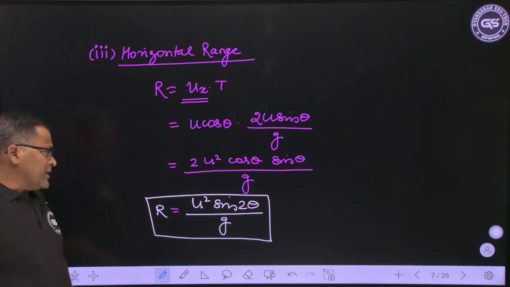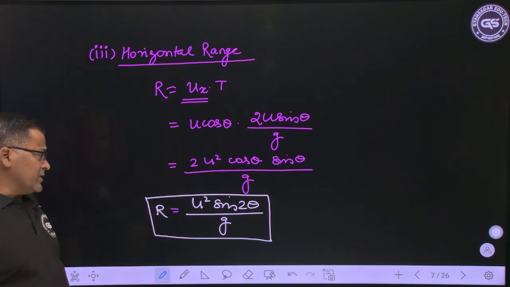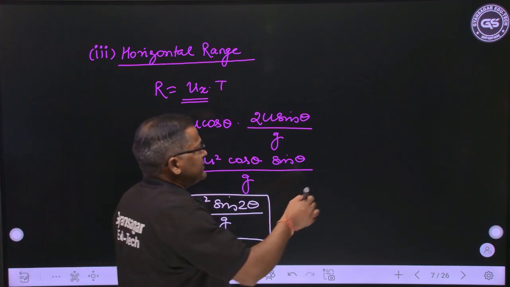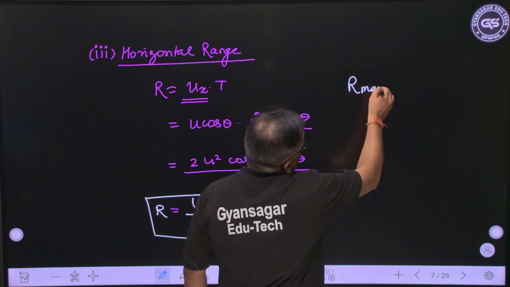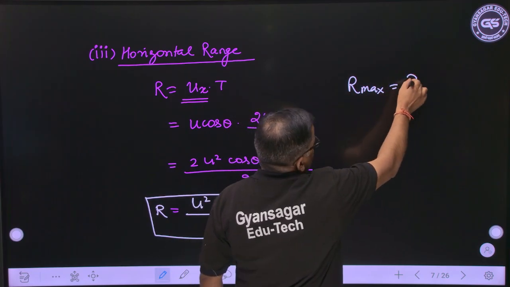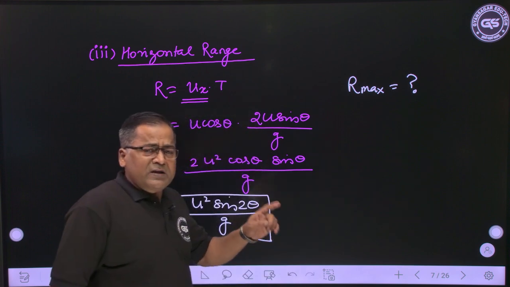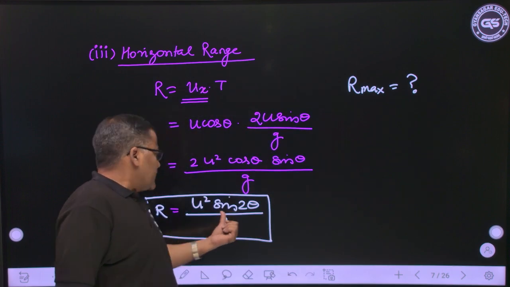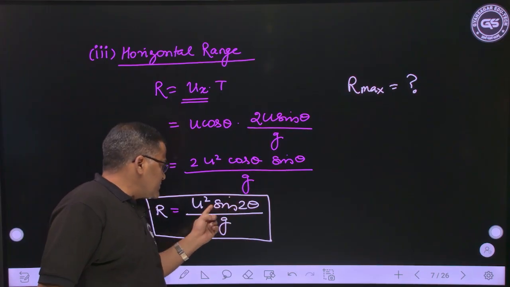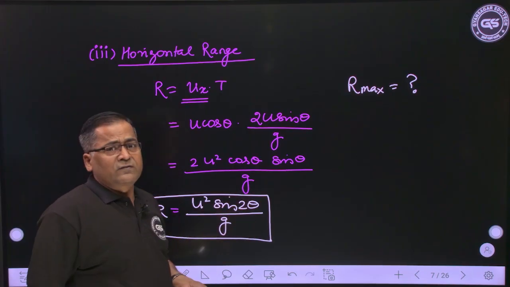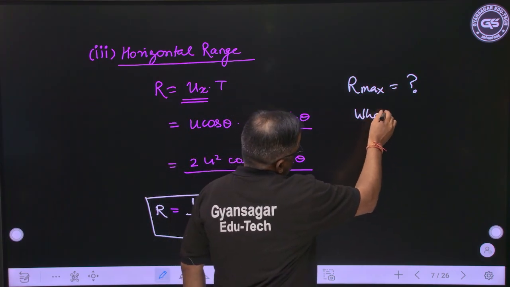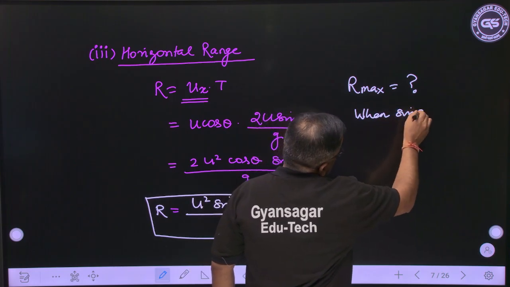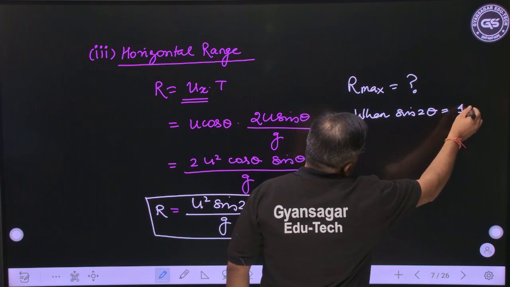In this expression, maximum value of r, r max equal to what? When we get maximum horizontal range, when this thing sin 2 theta is 1. When sin 2 theta equal to 1.